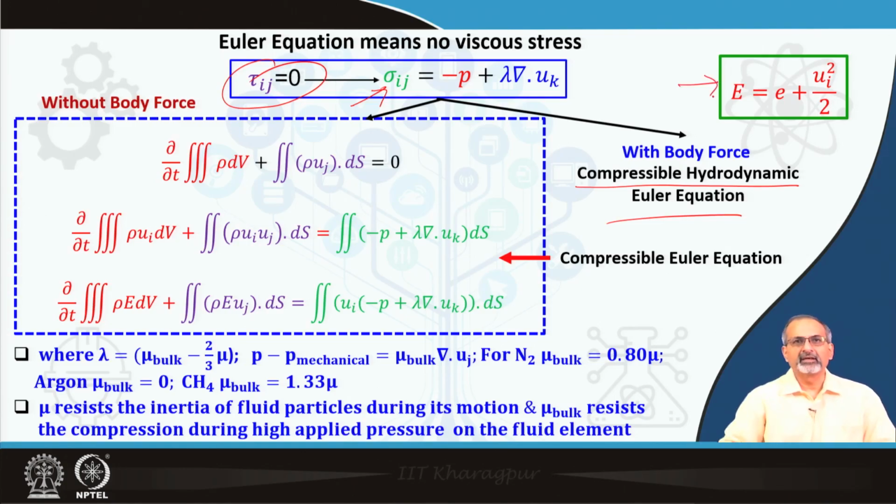The E term in the energy equation is defined in terms of internal energy and the kinetic energy, and then more detailing on the values of the bulk viscosity for different media, for example, molecular nitrogen, methane, argon, etc. It is an important point to recall that mu resists the inertia of fluid particles during motion, while mu bulk resists compression during high applied pressure on the fluid element, and high applied pressure is an inherent feature of high speed aerodynamics, especially the hypersonic and hypervelocity flows that are considered as a part of this course.